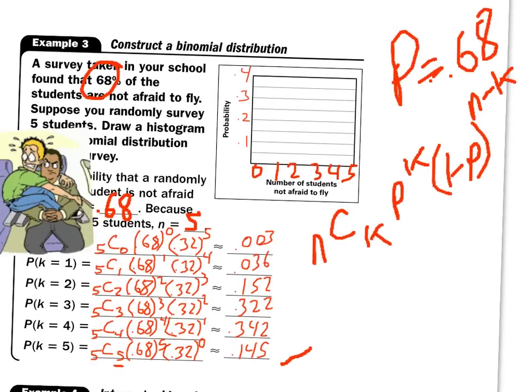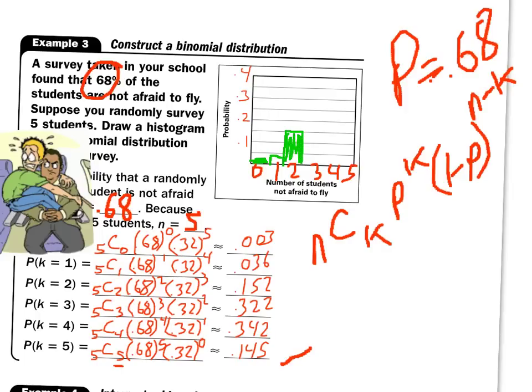I have for 0 people, it was 0.003. Let's choose a different color here. Let's do green. Not go like Christmassy. 0.003 is really low, barely even a bar there. 0.036, barely even point. Remember that first one would be 0.05, so that's barely up there. 0.152 all the way up to here, it looks like.